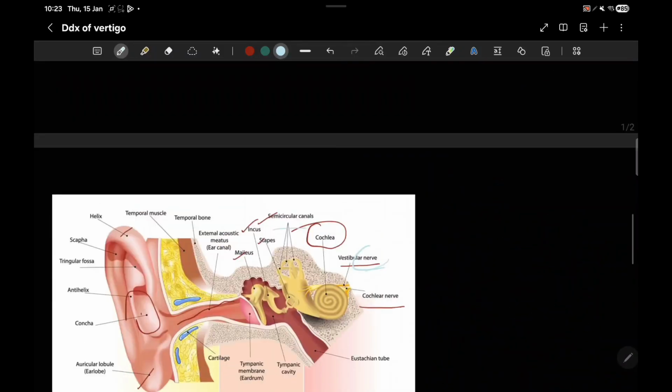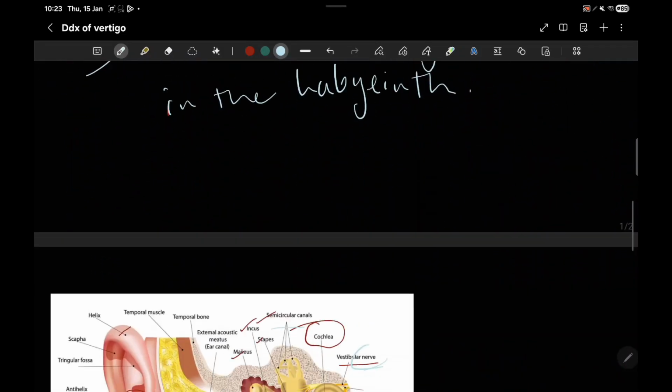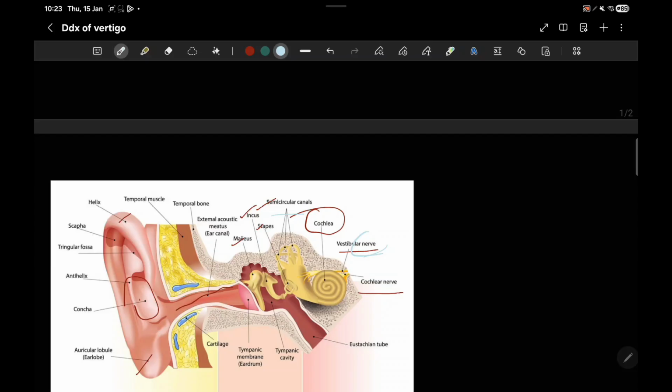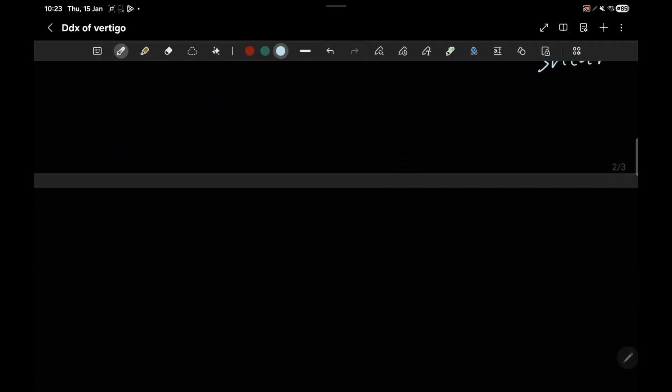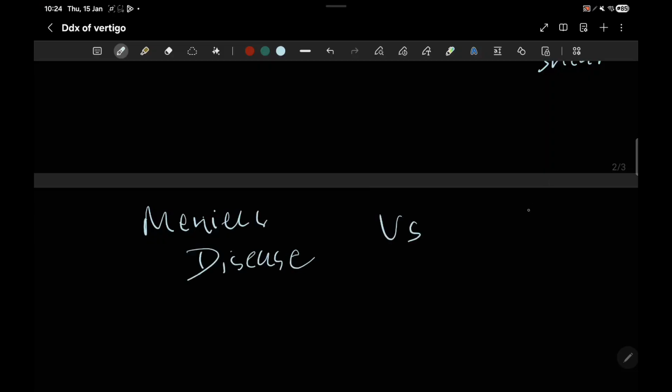Both of them are similar conditions, but how do you differentiate them? Meniere's disease versus acoustic neuroma.